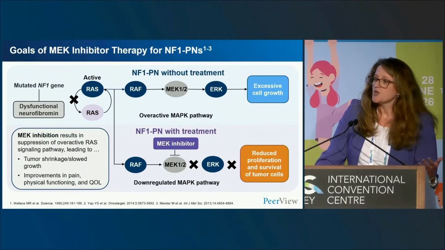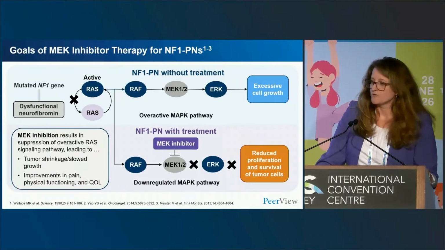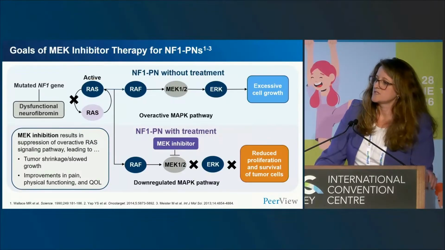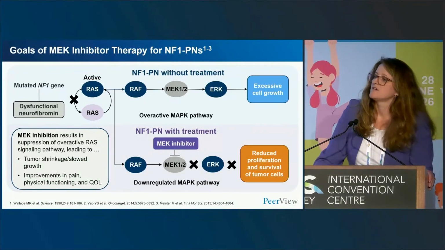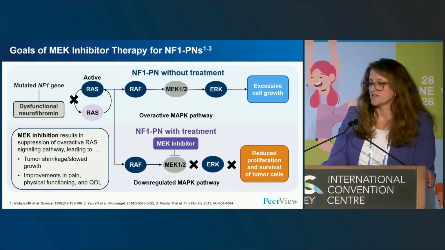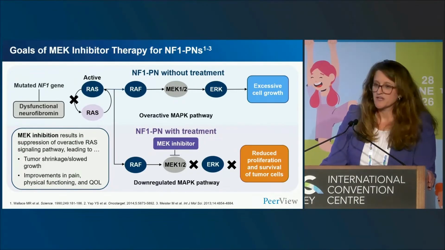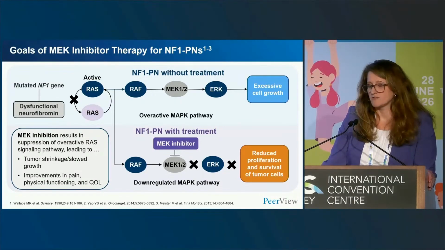It's a stop sign. But when we have a dysfunctional neurofibromin, the pathway keeps moving forward. As you can see in the illustration here, it goes through the MEK-ERK pathway to excessive cell growth. When we treat these tumors with MEK inhibitors, our goal is to put the stop sign back and hopefully reduce proliferation and survival of these tumor cells.